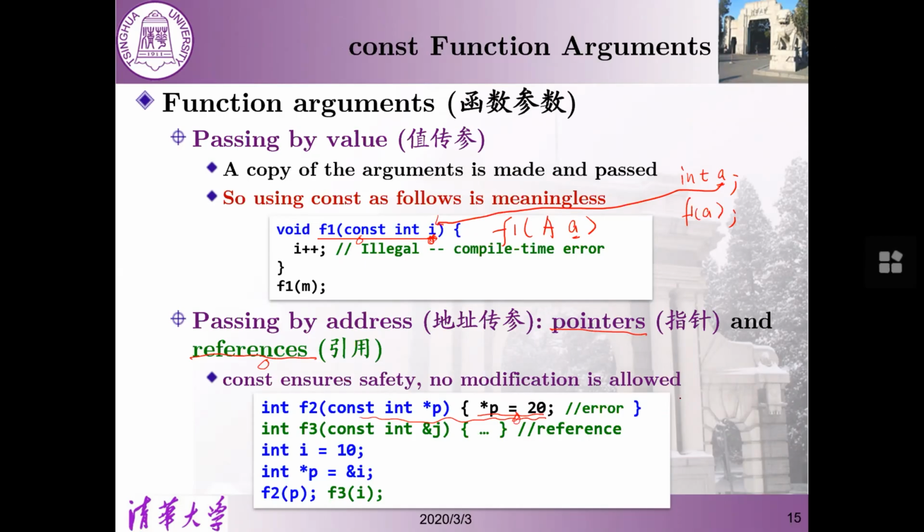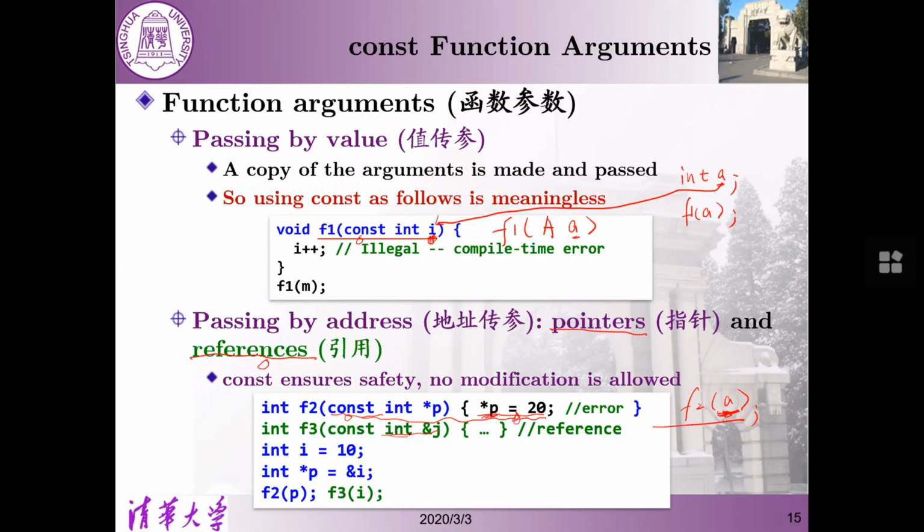So in this way, we can help prevent modifying the original value. For example, if we call this function this way, f2 a, right? Then this value is not changed. We cannot change it because this is const. We can feel safe because this value can never be changed. Okay, so const is useful in passing by address arguments to prevent the function from modifying the parameters.